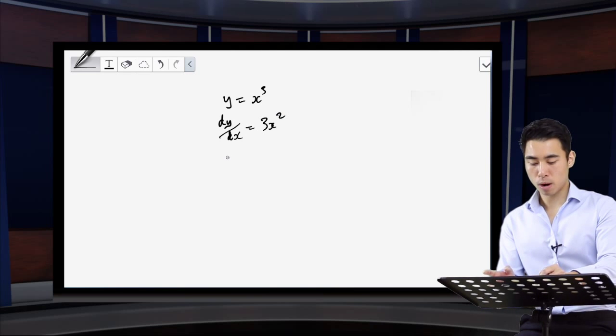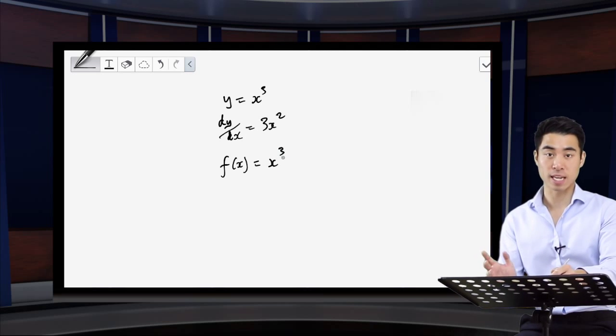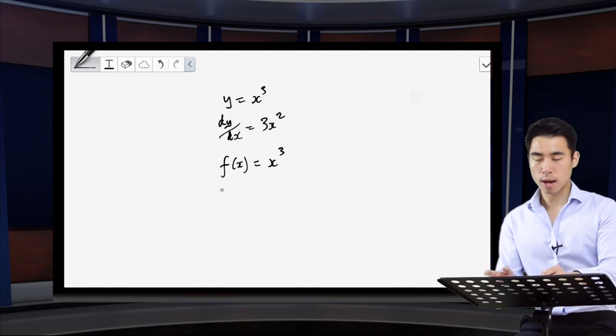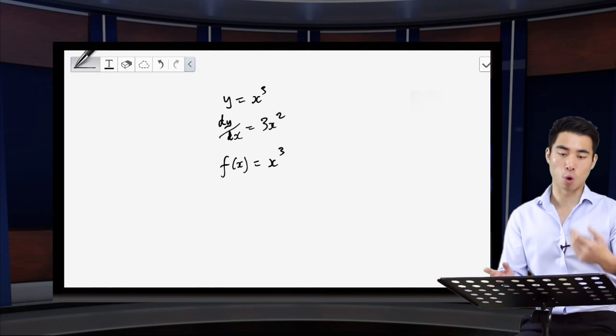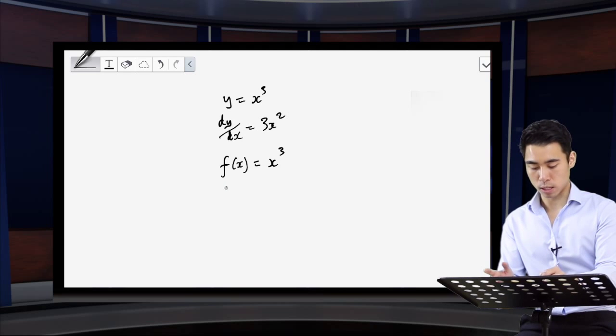But if I'm given my function in this form here, f of x equal to, and then you have the explicit form of your function on the right hand side. So again, let's look at f of x equal to x cubed. Then when you're working out your gradient function or your first derivative, the notation that you use is f dash of x.